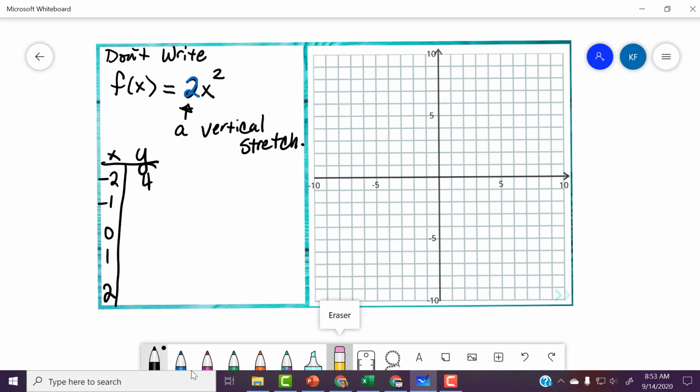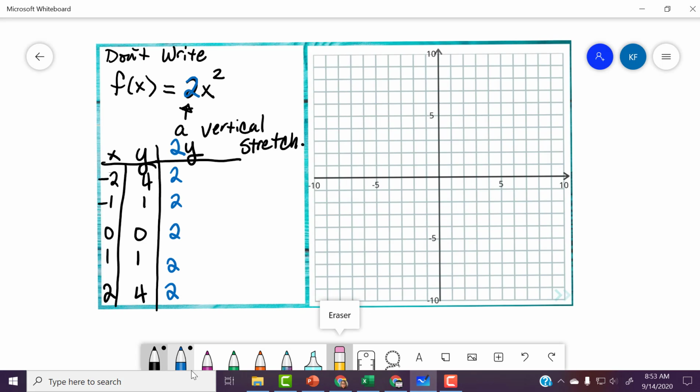Every day I want you guys to learn something new, or at least review it in a way that you really feel like you have it mastered. So the 2 tells us to multiply all the y values by 2, or double them. And so that's what I'm going to do.